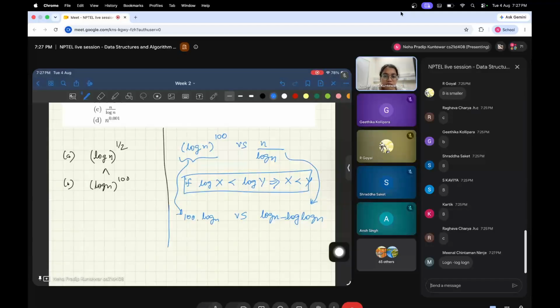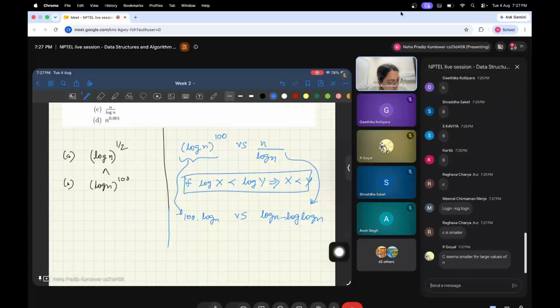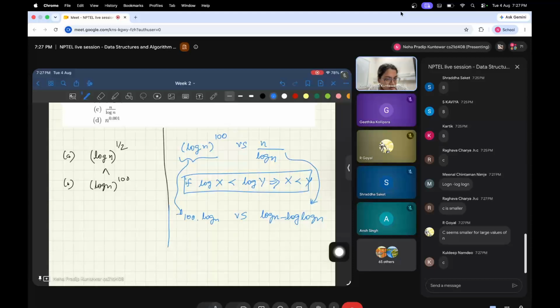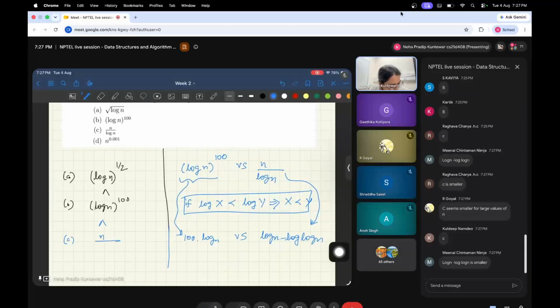Okay, so now you have that between b and c, this is smaller.